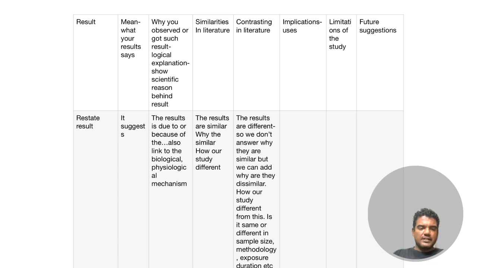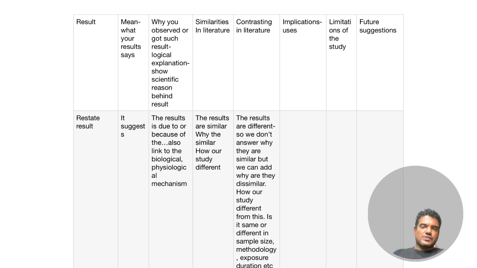So that is the meaning of the result. The result is increased SOD levels in the tissues, and the meaning for this result is it suggests, or it highlights, that the drug produces free radicals, so that the cells activate their antioxidant mechanism to protect themselves from the free radicals.